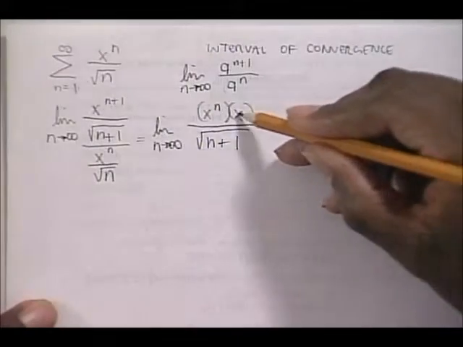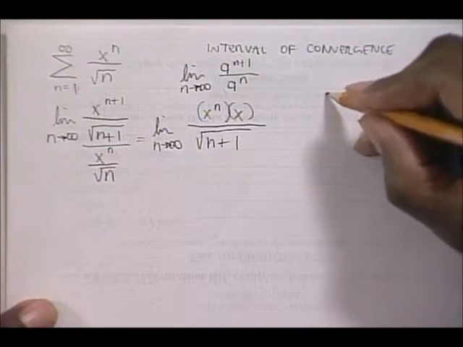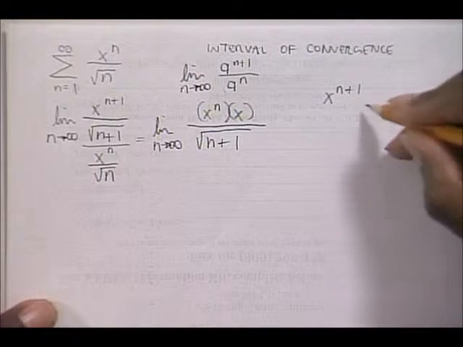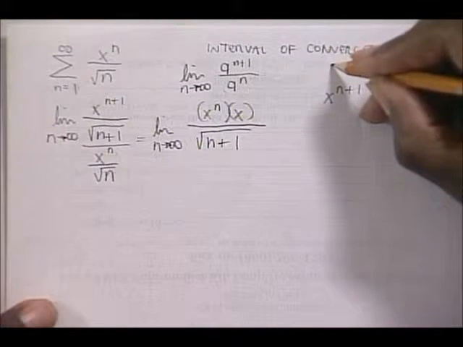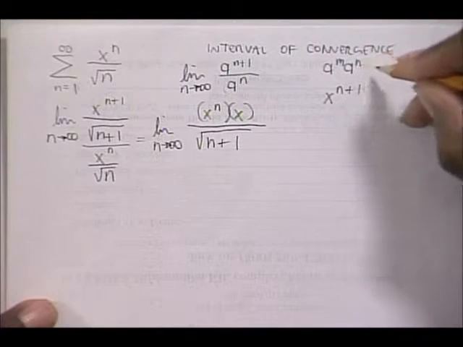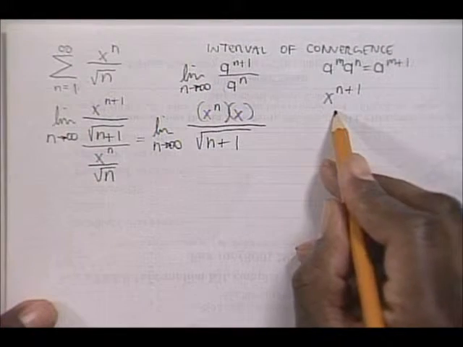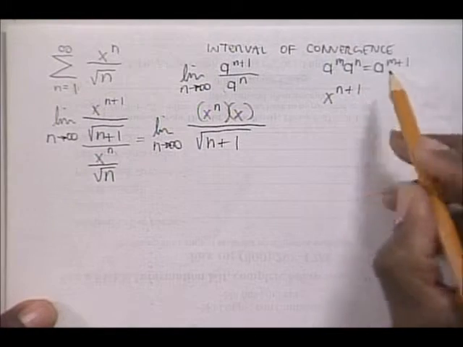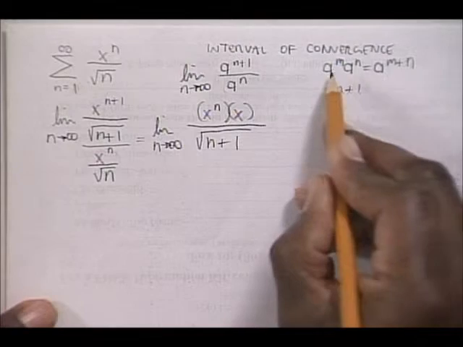One of the things that you should have learned in the past, where they have x to the n plus 1, is an exponential property where if you have a to the m times a to the n, that is a to the m plus n. So I'm doing that in reverse. If you have a to the m plus n, that can be turned into a product.